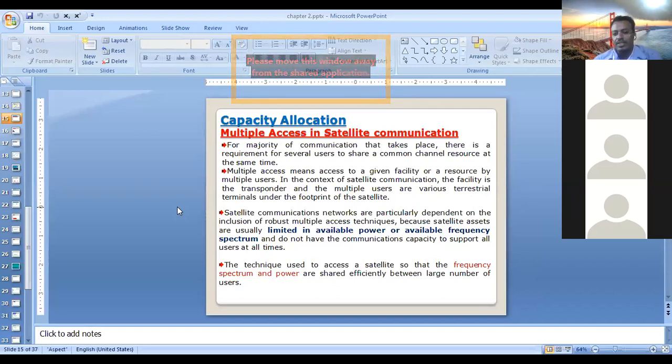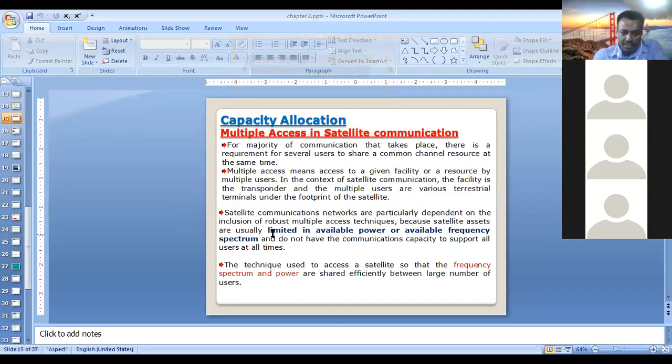Transponders in orbit have limited frequency spectrum and limited power. This frequency spectrum and power of the transponder need to be shared by multiple users on the ground. How are we going to do it? By using different multiple access techniques. That's what we are going to discuss today. So our topic today will be multiple access techniques in satellite communication systems.